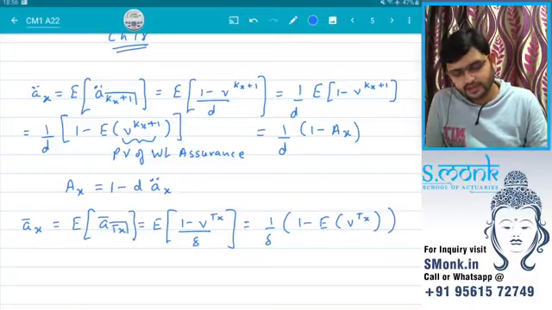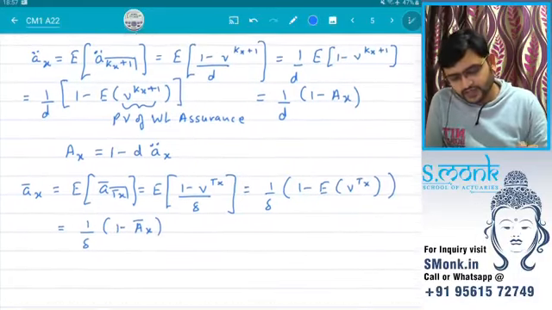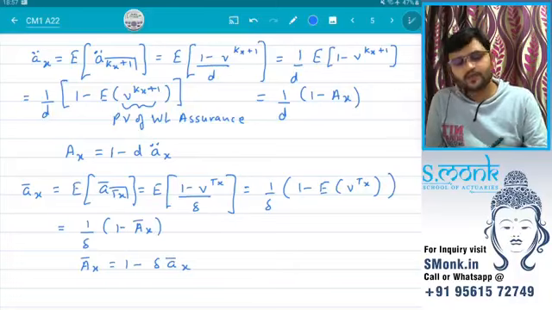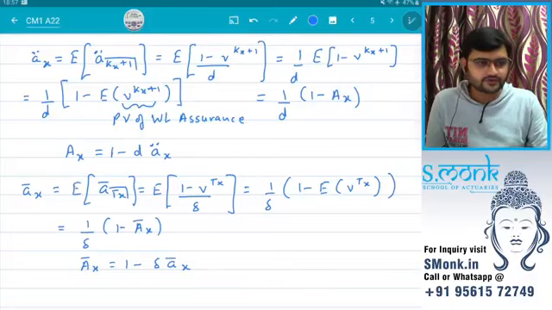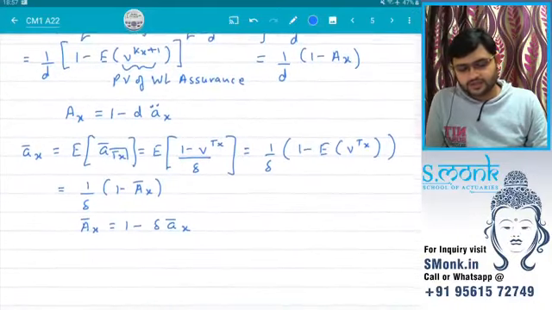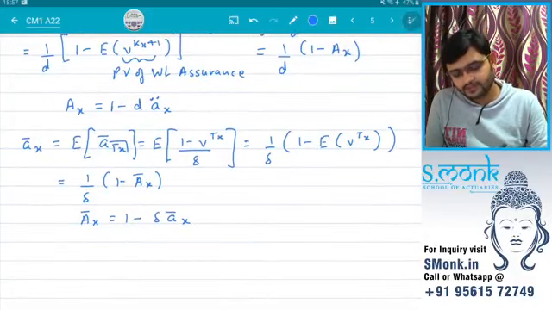And that just gives me 1 by delta into 1 minus a bar x. So again, if you rearrange, you will get a bar x will be equal to 1 minus delta times a bar x. Important formulas, we do use them, so definitely make sure that you remember them, or at least write them for now, right?